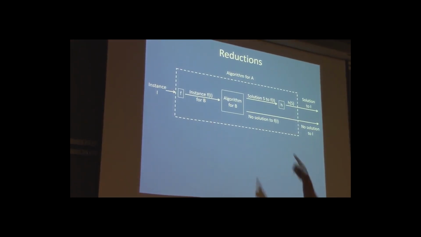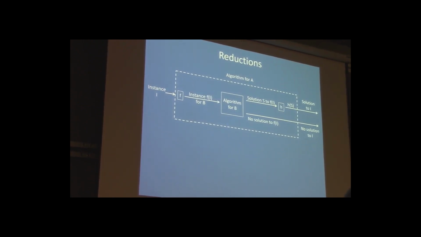So A is finding the largest element. What would F do to the array? Yeah, it would do nothing. F wouldn't have to do anything. You take the array you're trying to find the largest element of, and then you feed it unmodified to B. B sorts it. What would H do?